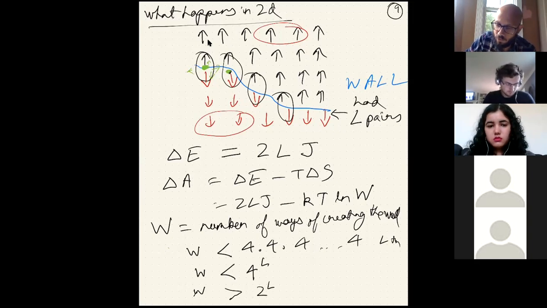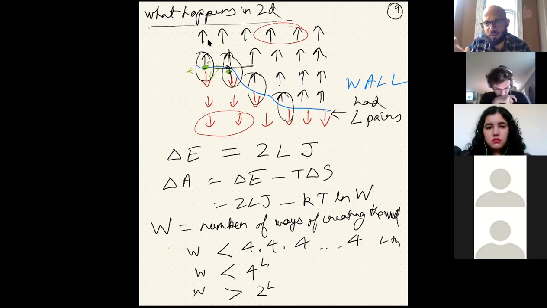Why? Because if it was just 2 to the power L, that would mean that your wall looks like here you have 4, then you come over here and you can move up, down, or right. You can already see you have more than 2 ways of moving, right? So if you only allowed for movement in 2 directions at every point, your walls would be very limited.